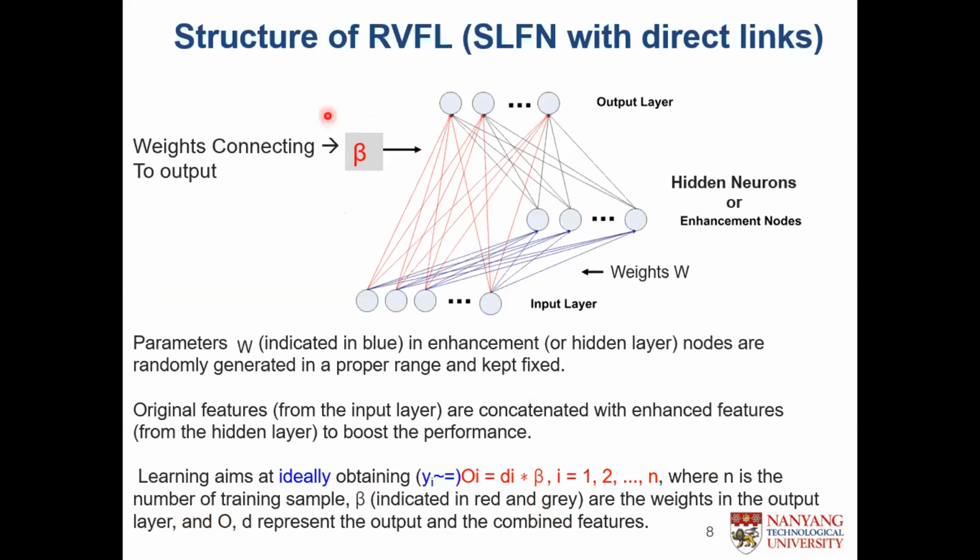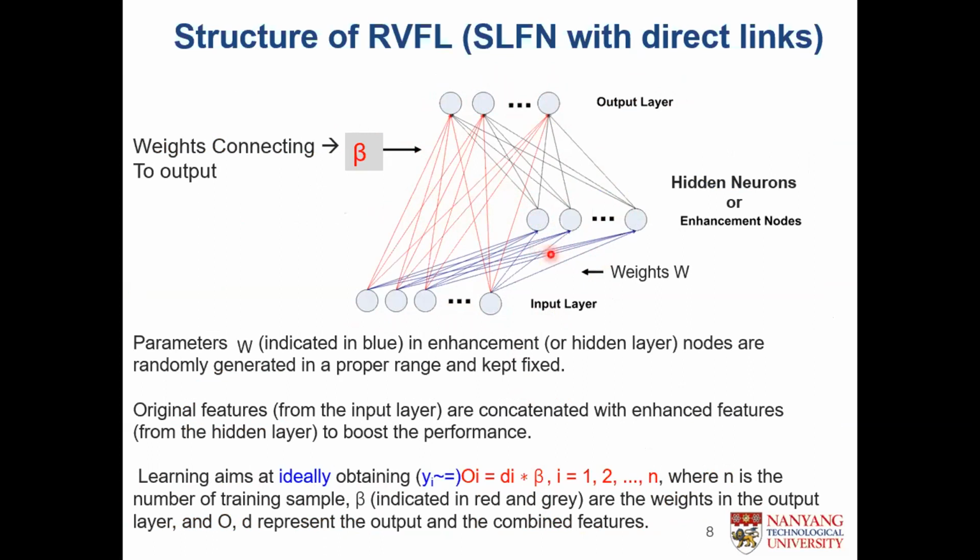So we will look at the structure of the RVFL. It is a single layer feed-forward network with direct links. These are the direct links, and this is really unique to RVFL. Then you have the input layer, one hidden layer, and the output layer.